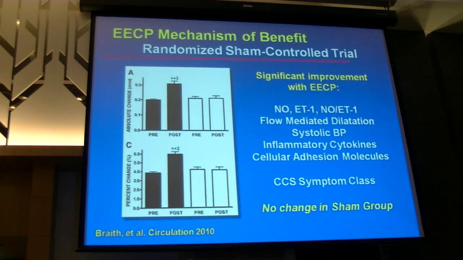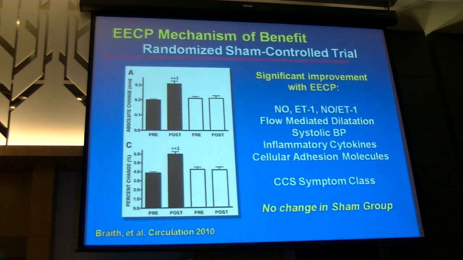Finally, there was a very comprehensive study by Gregory and colleagues that looked at a variety of markers to really consolidate. This was a randomized study looking at a variety of endpoints of patients undergoing EECP or undergoing a sham trial. And what you saw is that there was improvement in nitric oxide, endothelin was downregulated like we saw before. There was an improvement in the nitric oxide to endothelin ratio.